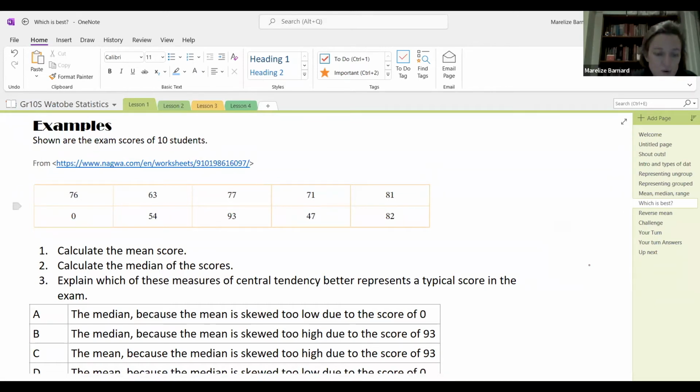So the mean score, 76 plus 63 divided by 10. Everyone's getting 64.4. A few more. Come, everyone. Let's get this over the line with the mean.